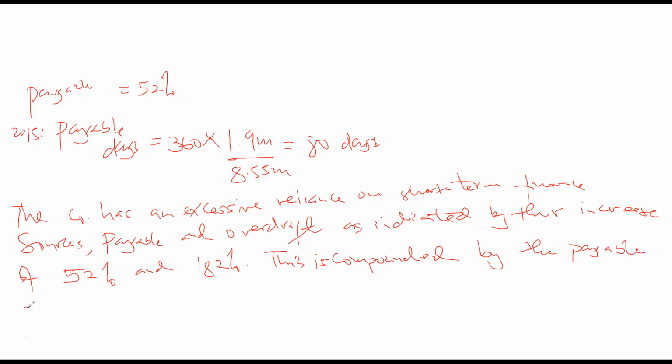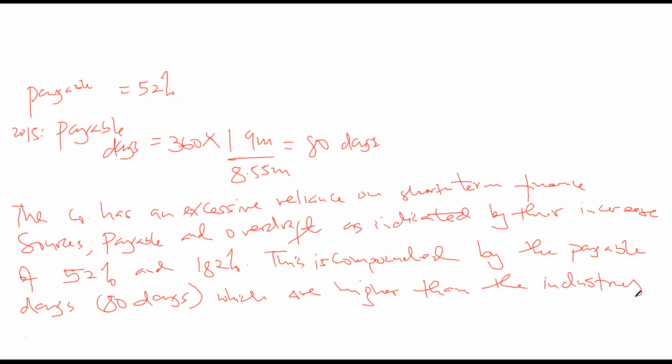Payable days are 80 days, which are higher than the industry at 50 days. As I mentioned, it's not that the days can't increase, but it's bad if you're taking longer to pay your suppliers. That is an indication that something is wrong with regard to your management of short-term finances. Clear?